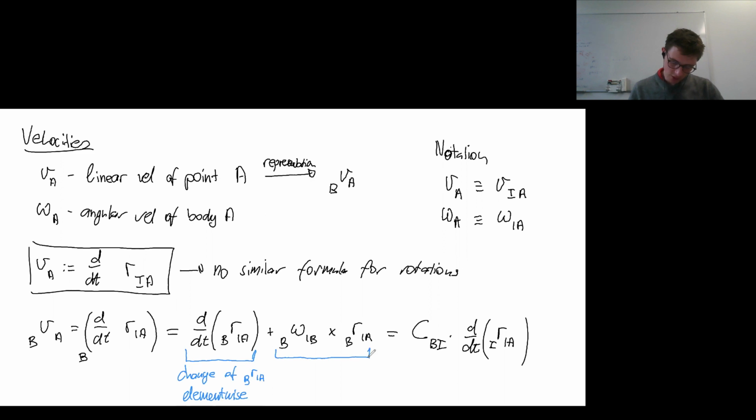And the second part is the contribution of the rotation of the reference frame. And it should become clear that if the frame B is actually identical to I, which means it doesn't rotate, then of course this term disappears. Okay, this is probably the most important formula that you will use throughout this exercise.